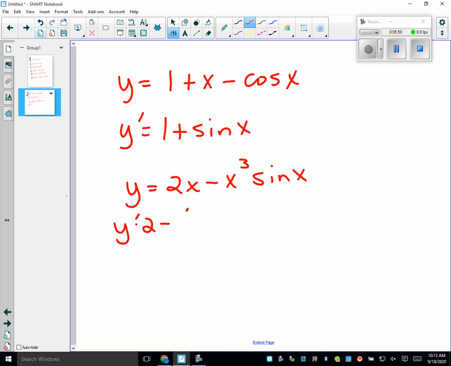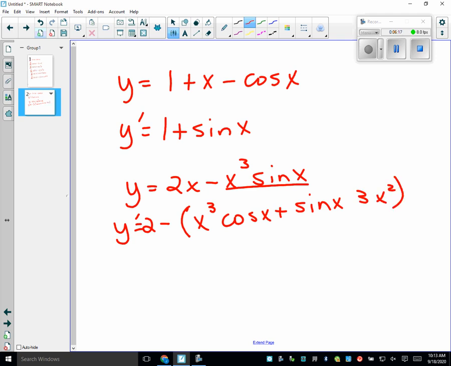I'm going to do a big parentheses. I'm going to put a minus out front and just do the product rule of this piece. It is the first, x to the third, times the derivative of the second, cosine, plus the second times the derivative of the first, x squared.